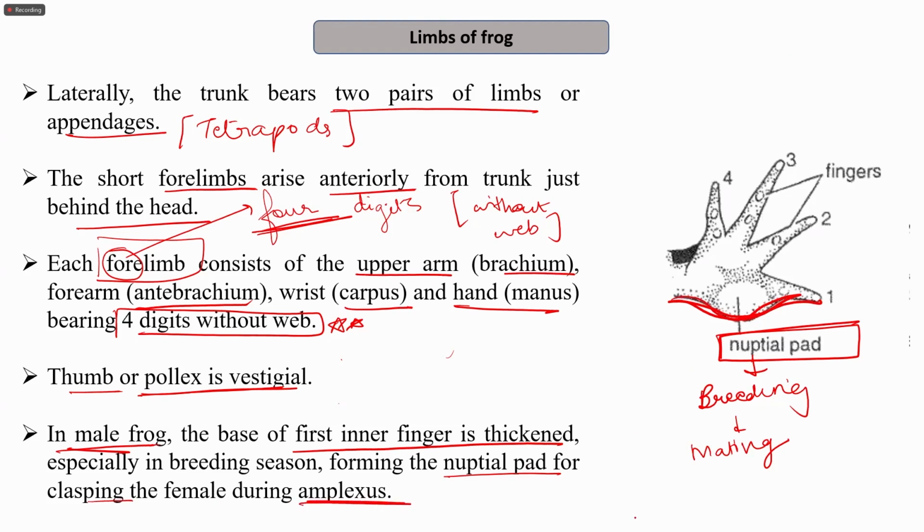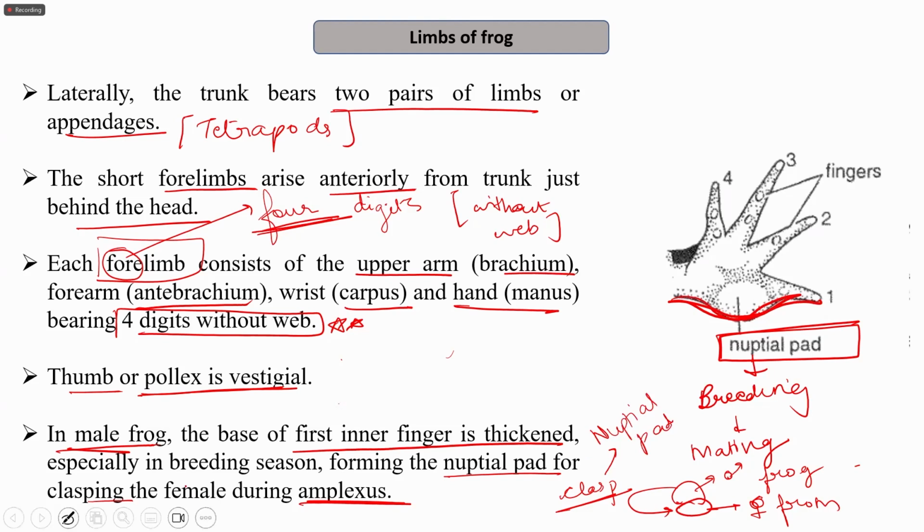During mating, this is the female frog, and above the female frog lies the male frog. Since the skin is very slippery, the male frog clasps the female frog with the help of this nuptial pad.